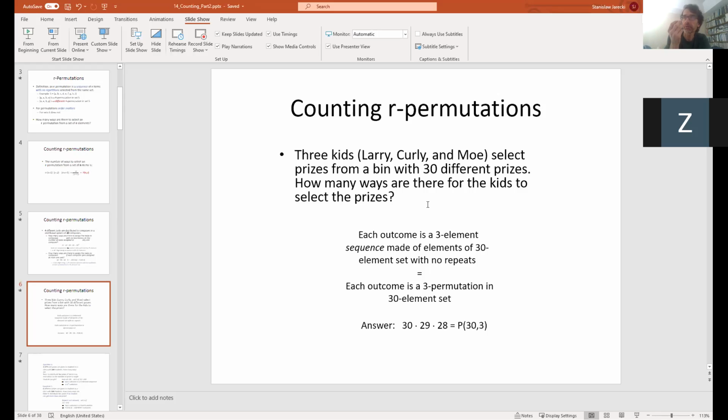It's a sequence because it's important which is which: you take 3 prizes and then you order them. First one goes to Larry, second to Curly, third to Mo. It's an arbitrary order, they are all equivalent, right? So it will be a 3-permutation in a 30 element set.